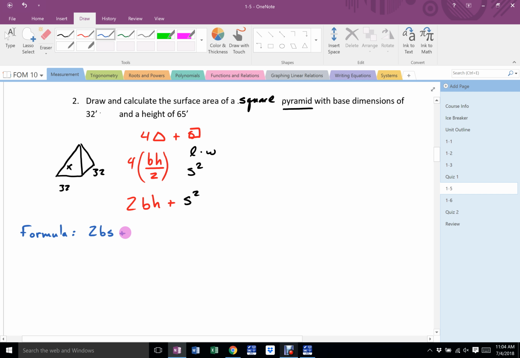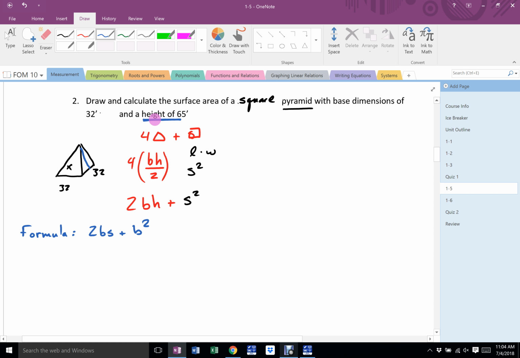Two BS plus B squared. What is this S? If you look on the drawing, it shows you. The S is the distance up the side of the pyramid.